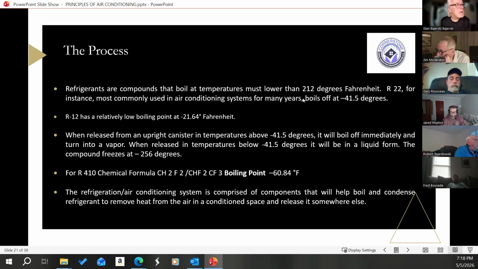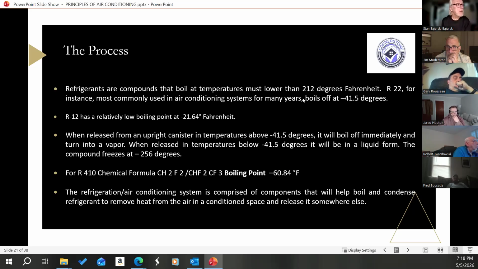Refrigerants are compounds that boil at temperatures much, much lower than 212 degrees Fahrenheit. R22, for instance, most commonly used in air conditioning systems for many years, boils off at minus 41.5 degrees. R12, which is in your refrigeration, has a relatively low boiling point of minus 21.64 Fahrenheit.